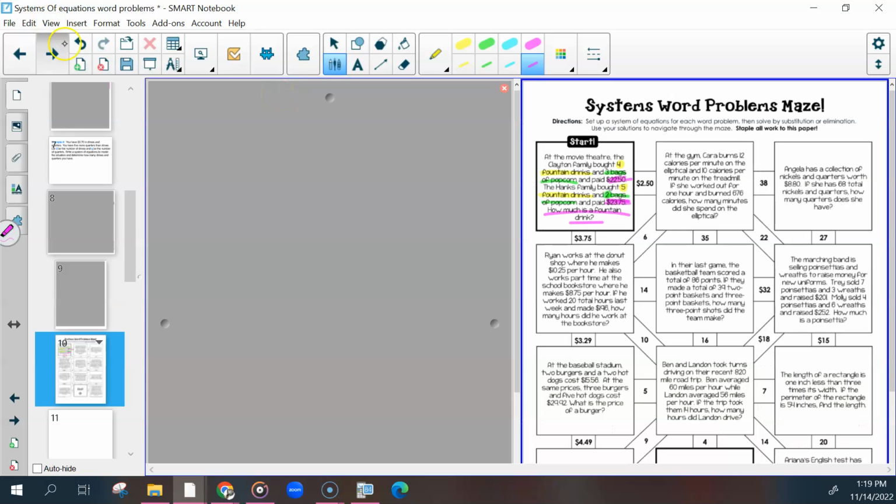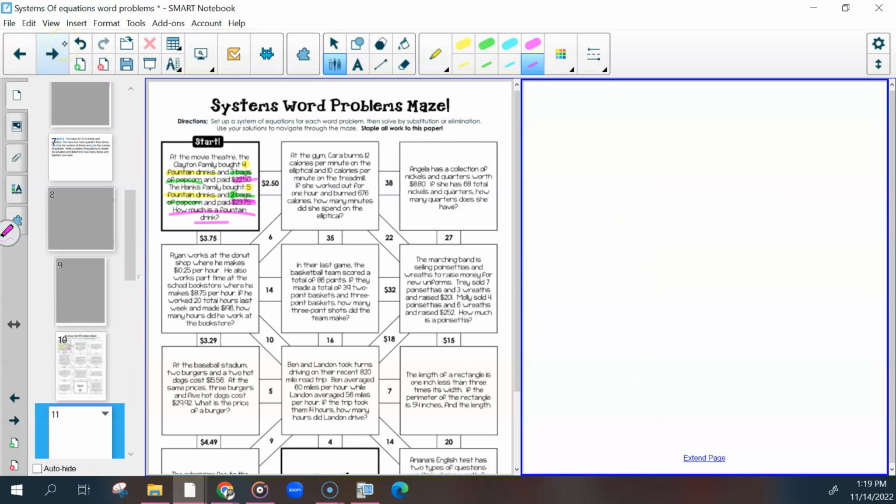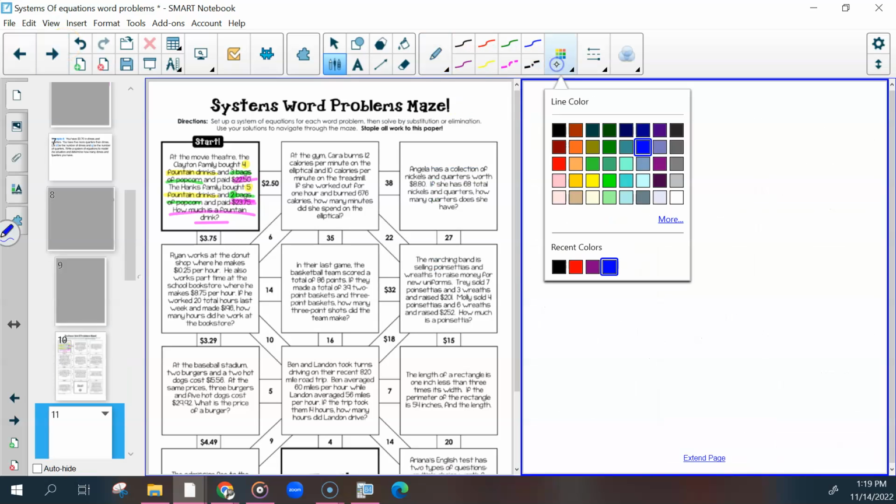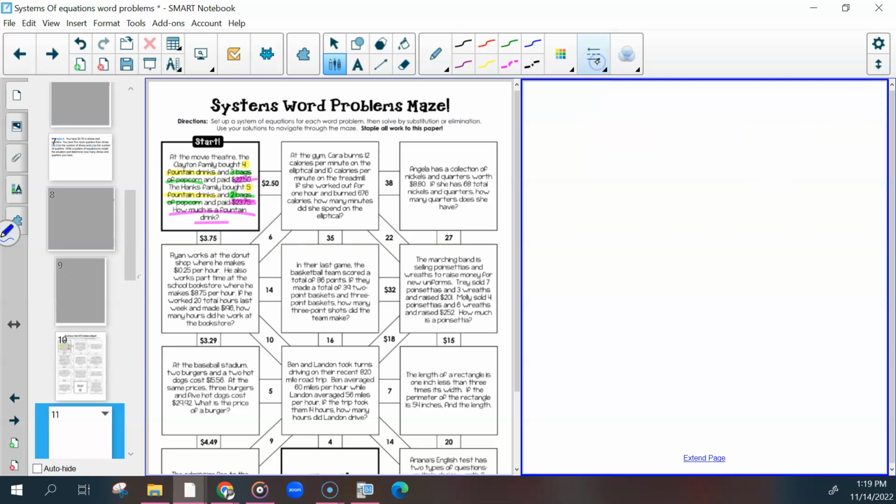So that is going to represent one of our variables. You can call it F, call it D, call it X. It does not matter. So let's say I call mine F. F would represent the cost, because that's something we don't know, the cost of the fountain drink.